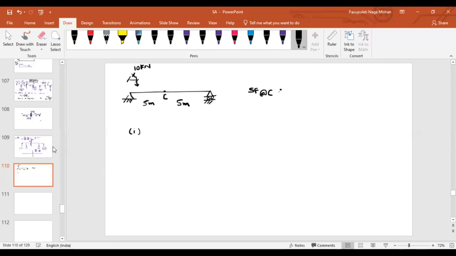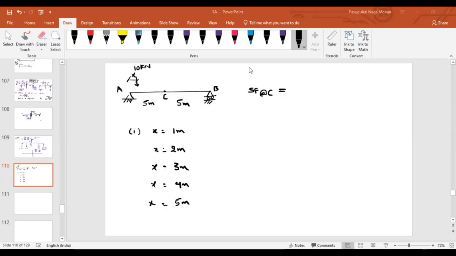In the first case, the load is at a distance of 1 meter from support A. In the second case, it is at 2 meter from support A, 3 meter, 4 meter, and 5 meter from support A. Can you guys quickly tell me what will be the shear force at point C in all these 5 cases?